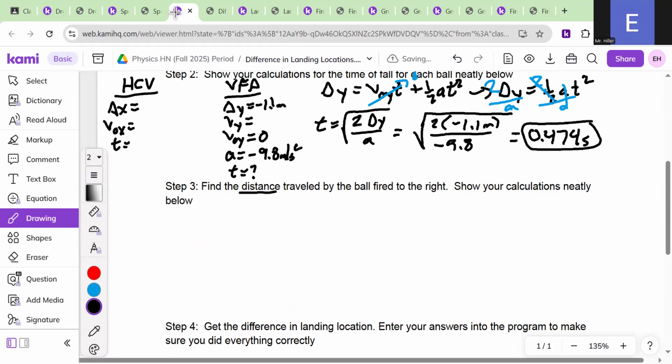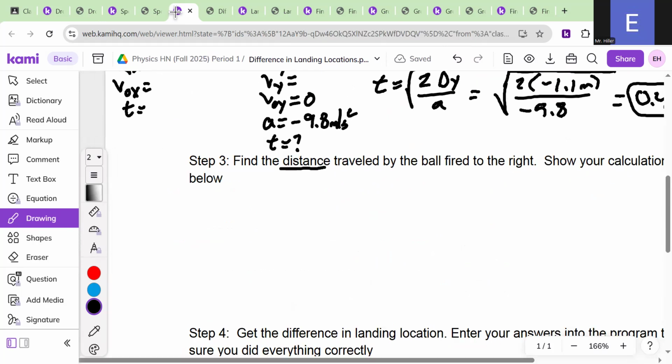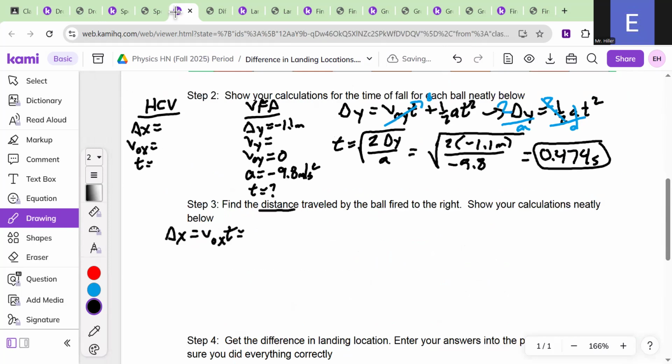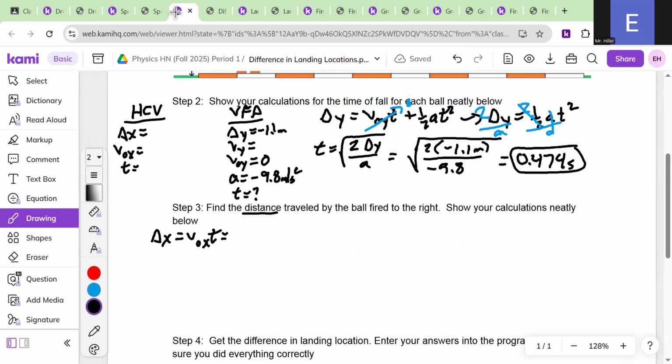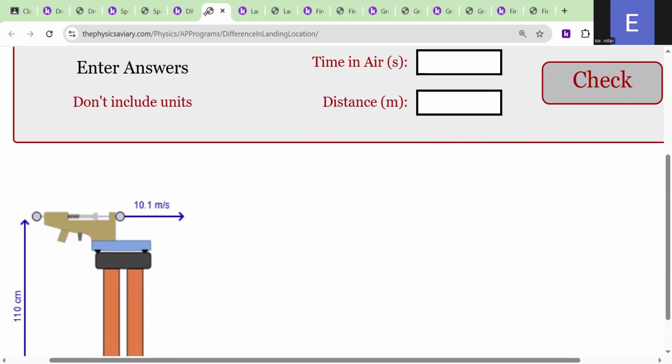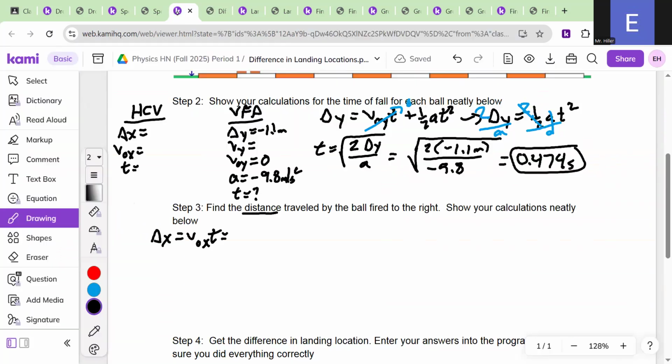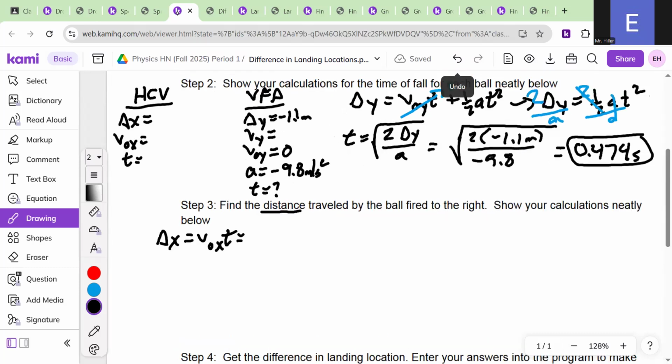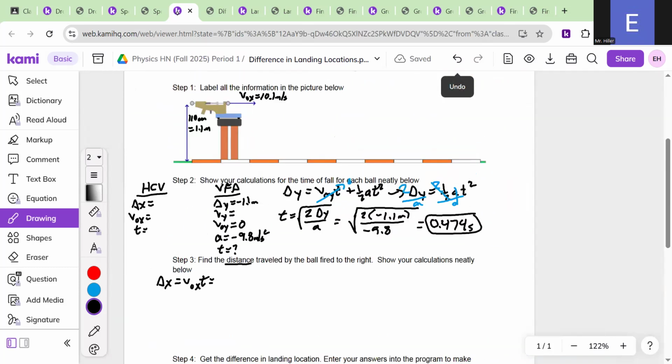So to do that, first let's find the displacement of the projectile. So we're going to go delta x equals V naught x times t. Were we given V naught x? Yes, 10.1. I think I just forgot to label it right there.